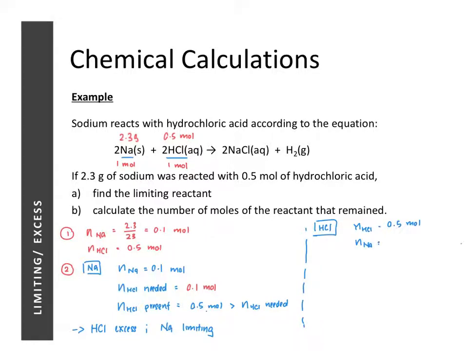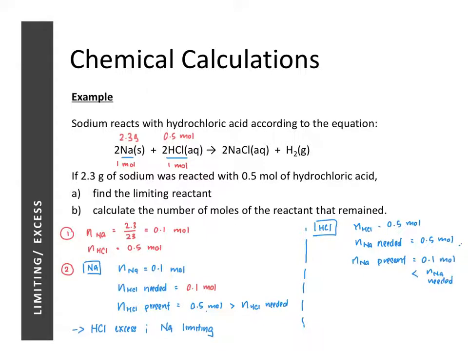Again, it's 1:1, so the number of moles of sodium needed will be 0.5 moles. And the number of moles of sodium present is 0.1 moles, which is less than the number of moles needed.